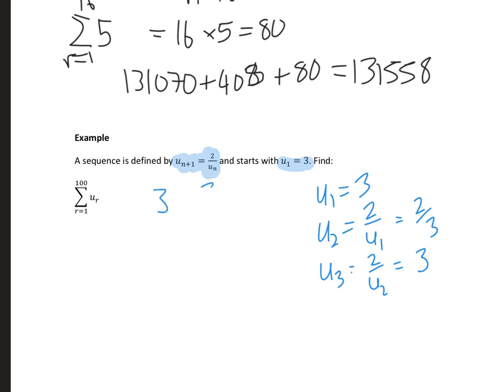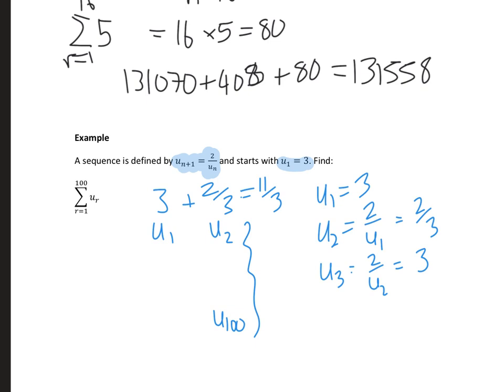So it goes between 3 and 2/3, u1 and u2, and I want all the terms up to 100. So u100 is going to be in this column. Well, one row is going to add together. If I add these, I'm going to get 11 over 3. And there'll be how many rows?